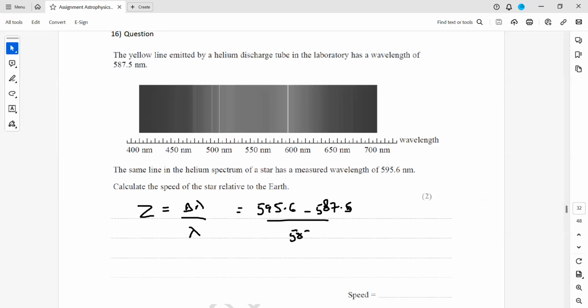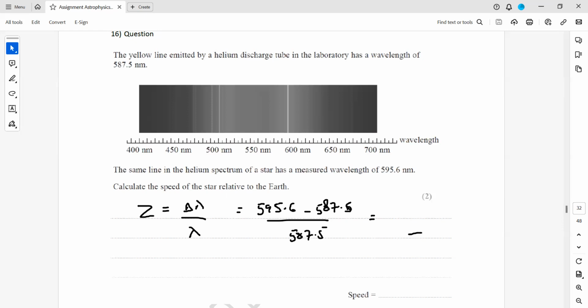So 587.5. Because all units are nano, I don't have to substitute the exponent -9. I'll get the same answer. When you take a difference and then divide, this will give us a redshift.